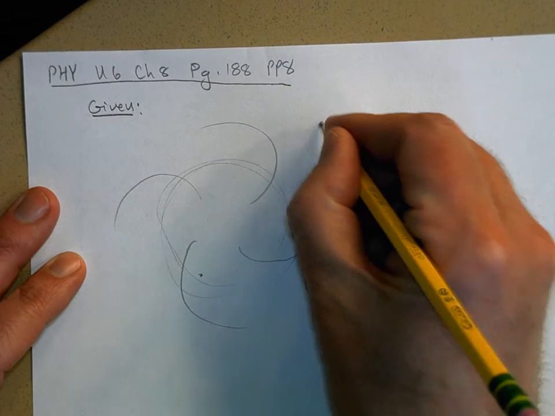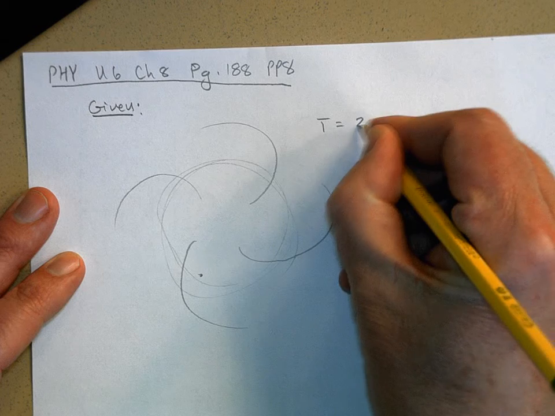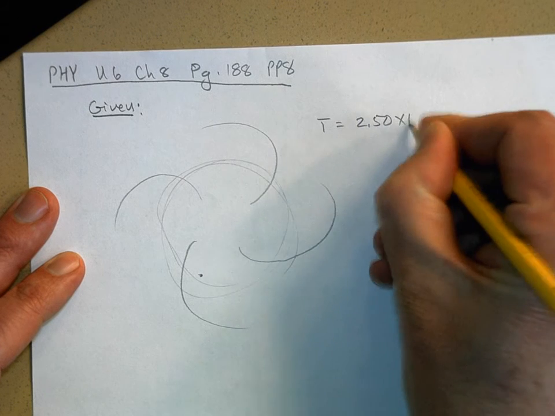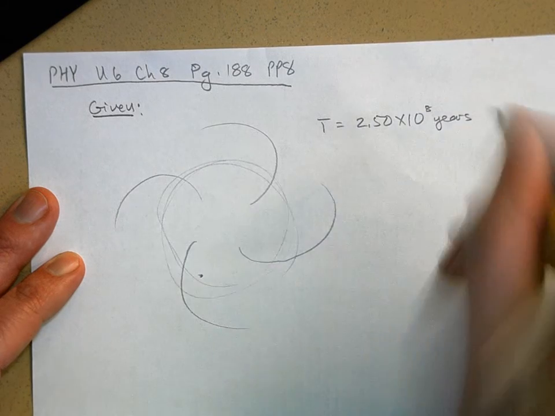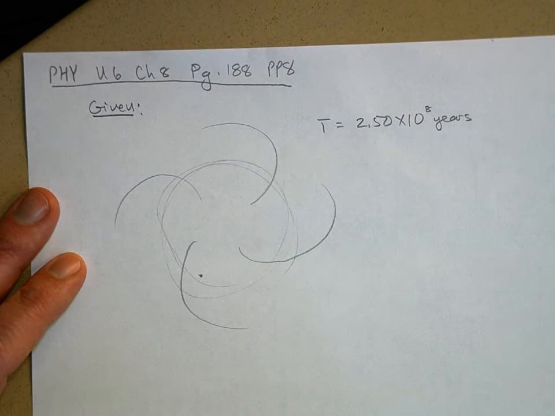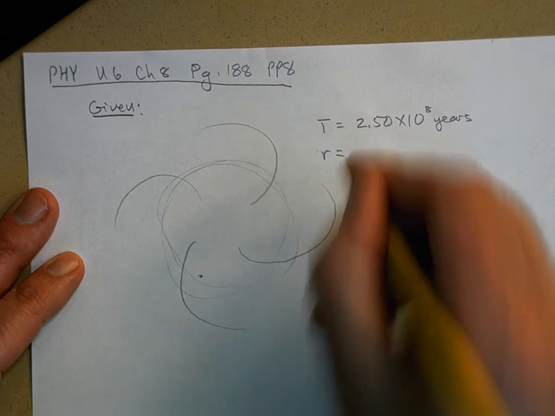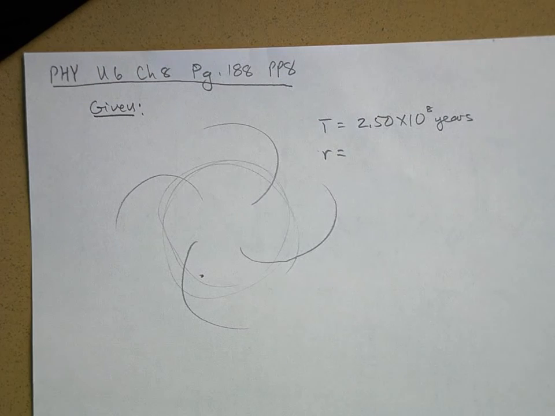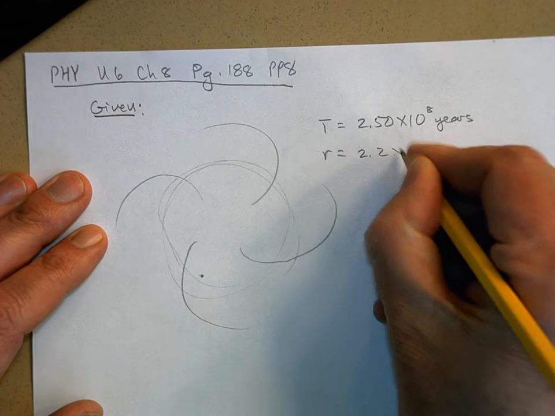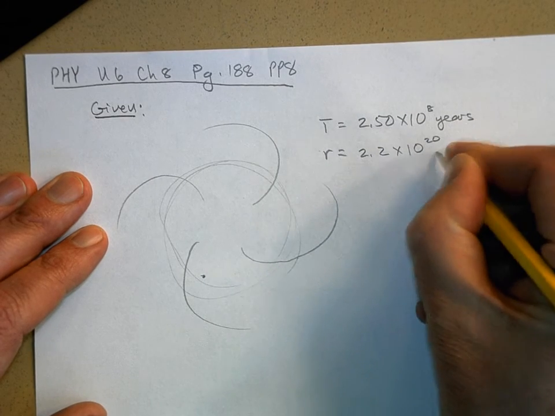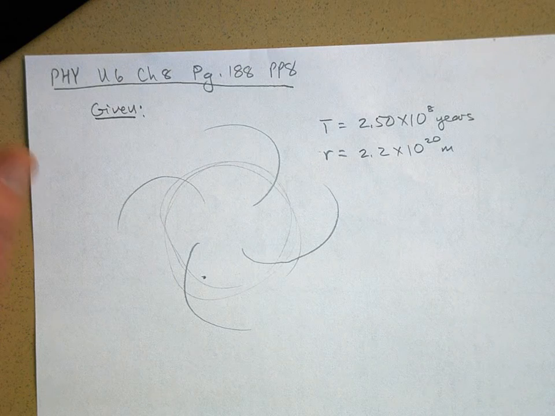The period, they said, was 2.50 times 10 to the 8 years. And the radius of our orbit is 2.2 times 10 to the 20 meters. That's a long ways, okay?